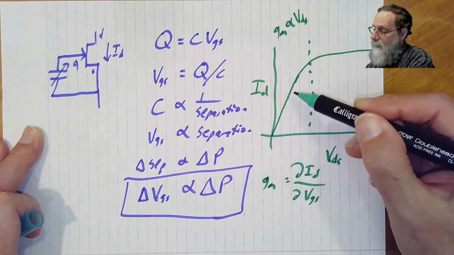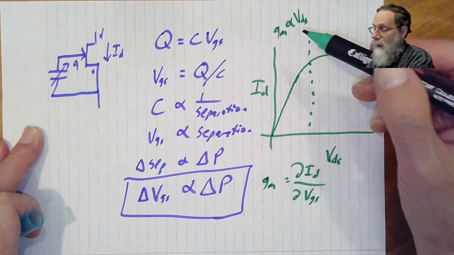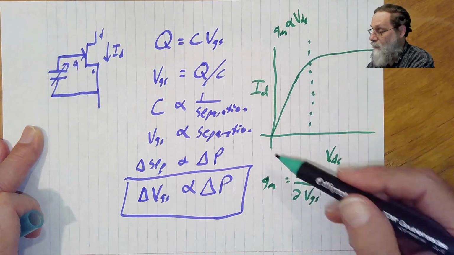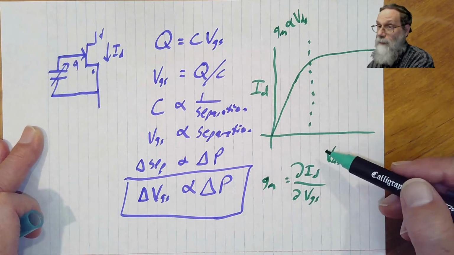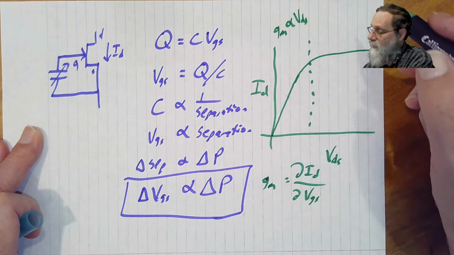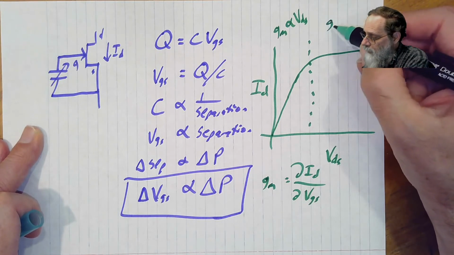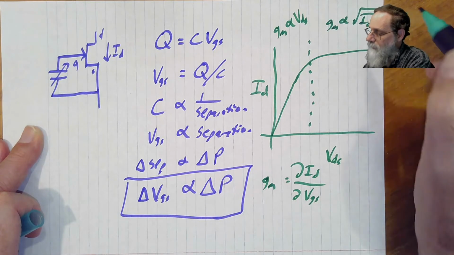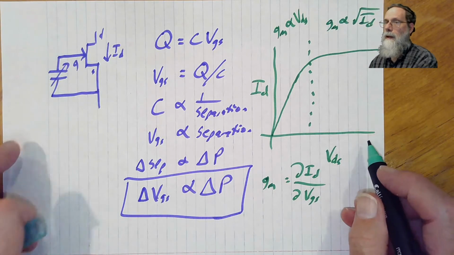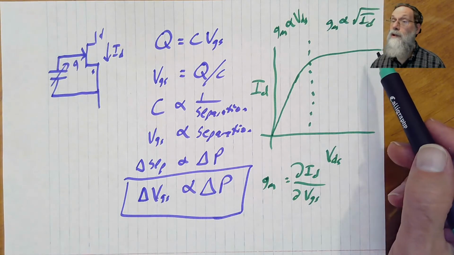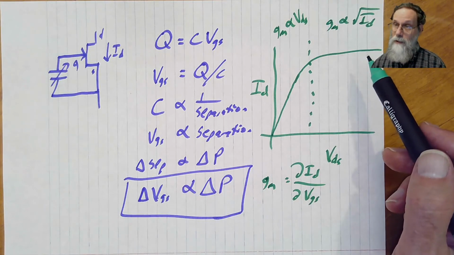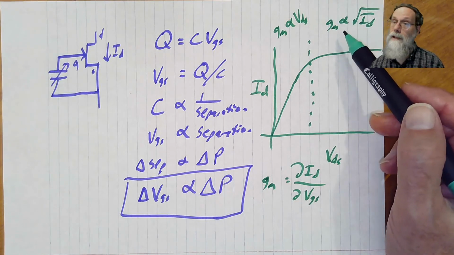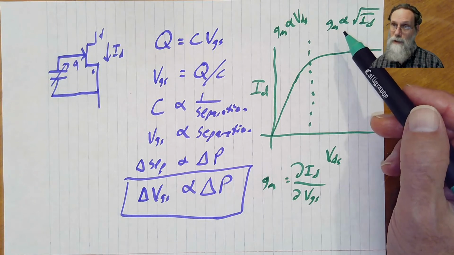As we go up in the linear region, the transconductance gain basically goes up linearly with the current and linearly with the voltage. In the saturation region, things are a little bit different, and G sub m is proportional approximately to the square root of the drain current. But in the saturation region, the drain current is basically constant, and so the transconductance gain is basically constant.